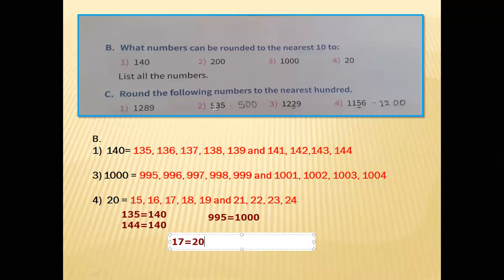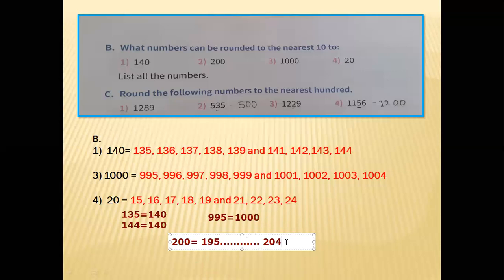For 200 you have to write. If it is 200, from which number will it start now? From 195, right? From 195 up to 204. Okay, 204 is equal to 200.